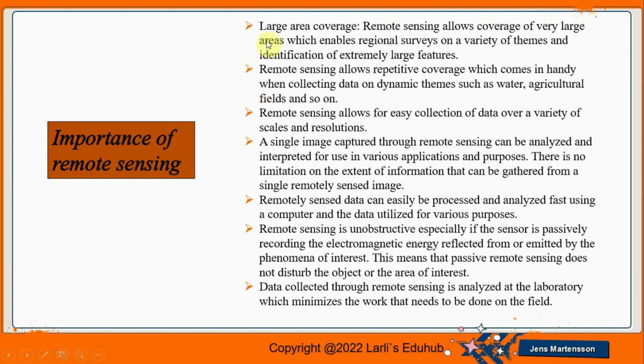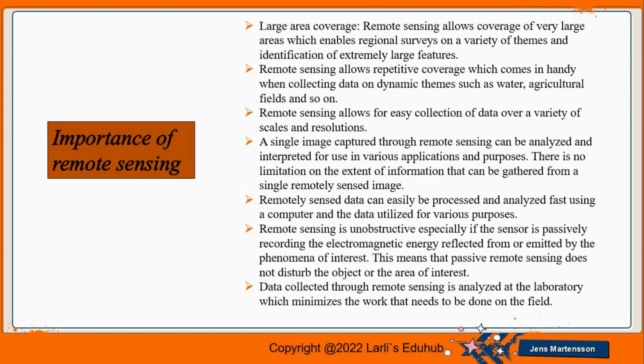So what do we have here? It says large area coverage. Remote sensing allows large coverage of a very large area, which enables regional survey on a variety of themes and identification of large features. So, as you all know, the current situation in Russia and Ukraine, if one wants to study the areas affected with the war, it is not necessary to go there and pick your data.